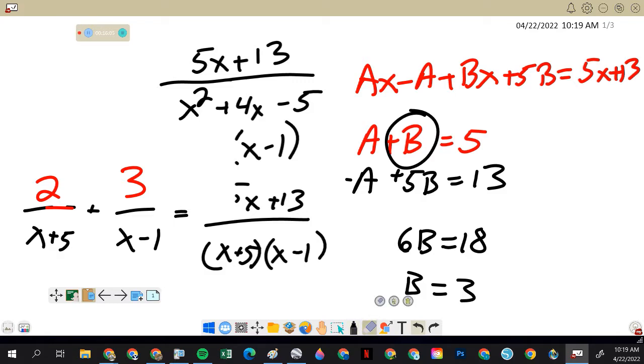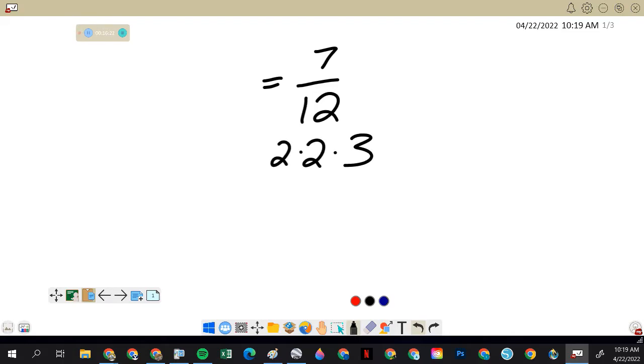Let's go back to our original example. And let's say I had the fraction 7 over 12. So 7 over 12 is 2 times 2 times 3. And so I'm going to change this to 2 squared times 3. What fractions were used to create the 7 over 12?